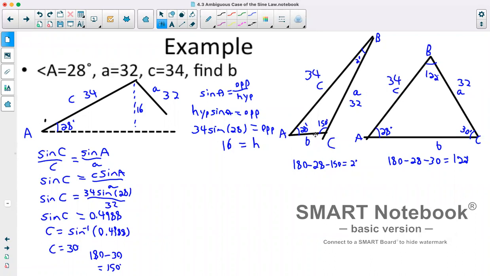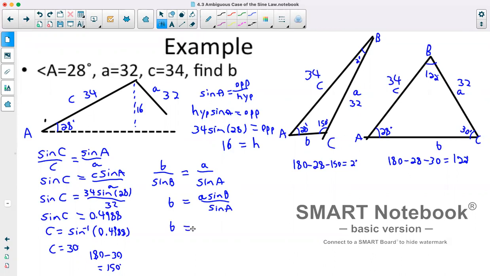Next, we'll solve for side length B, so I'll use sine law. So we have side length B over sine of B equals, we have our values for A right from the start, so I'll use them. So A over sine A. Rearranging that gives us B equals side length A times sine of angle B over sine of angle A. We'll fill in our information.